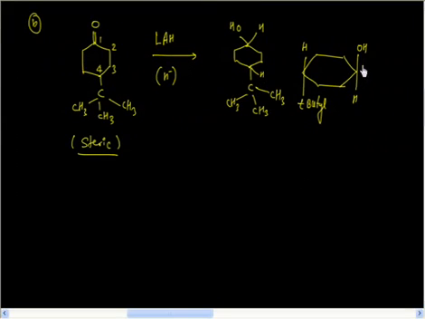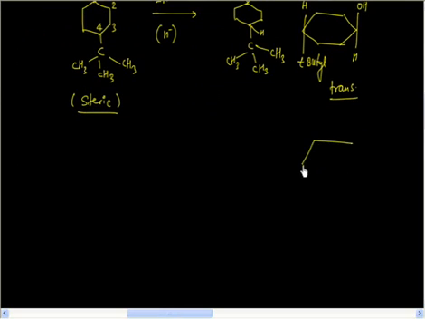So this is the OH. This is a big group on this carbon, so I can call this trans. You can also have a cis isomer of the same compound, in which these two groups are on the same side: OH, and this side you have tert-butyl and hydrogen. So this is basically cis.